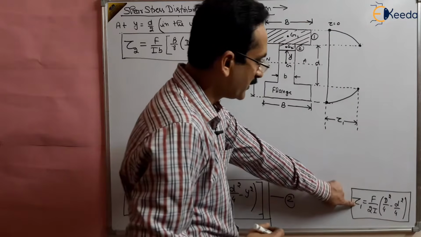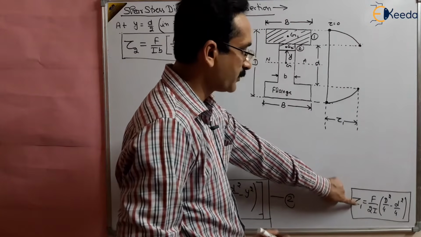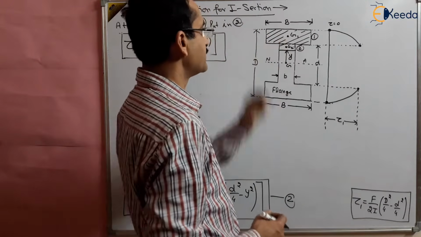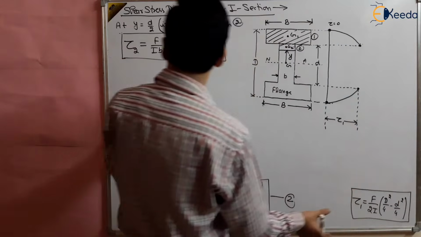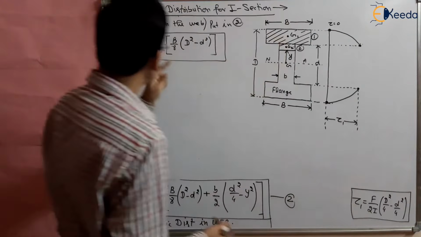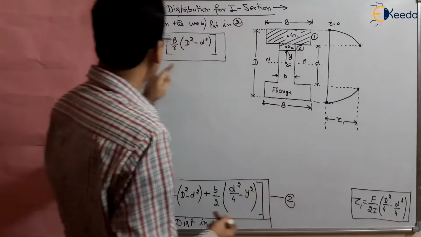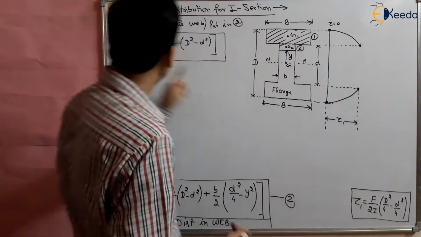And this was the value of tau 1 where the flange and web meet inside the flange, right? At the same point d by 2, these two values are there. It means there is an abrupt change in shear stress from tau 1 to tau 2.